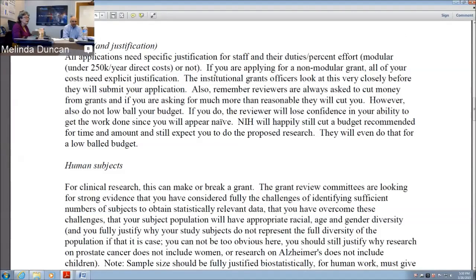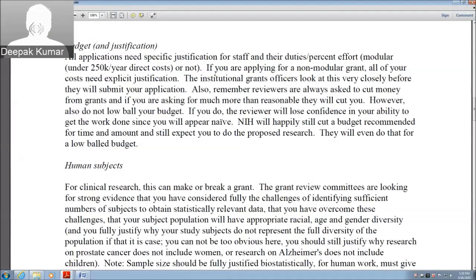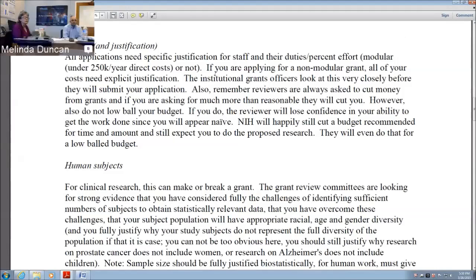So it might make the reviewers happier because you have much stronger power, but I think it's not going to affect the program officer in deciding whether they fund your grant versus someone else's. But it certainly didn't hurt your case any. Okay, good, thanks. So any other questions about budget?